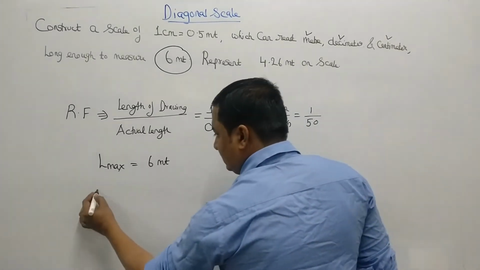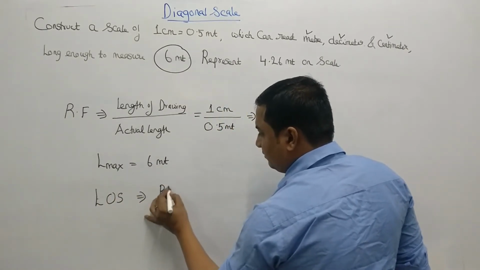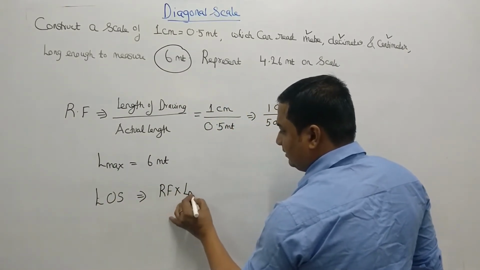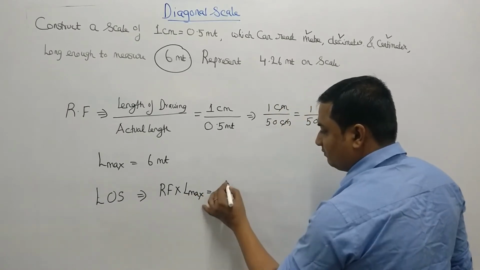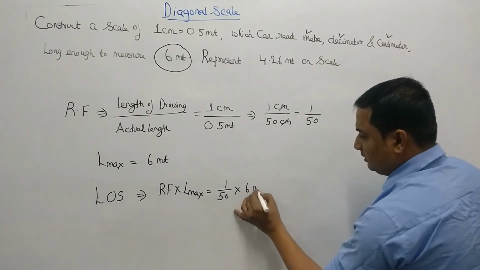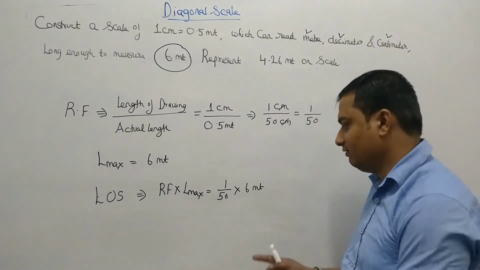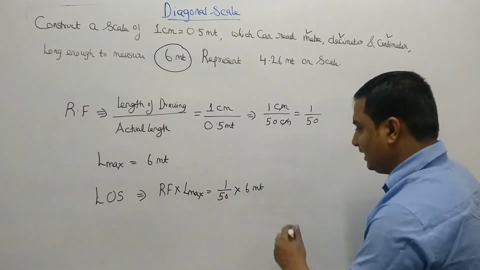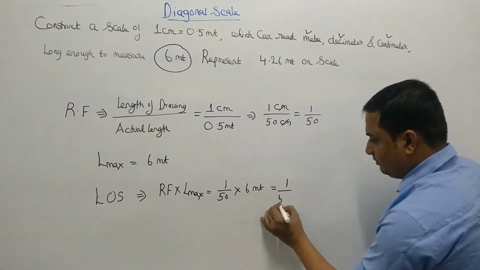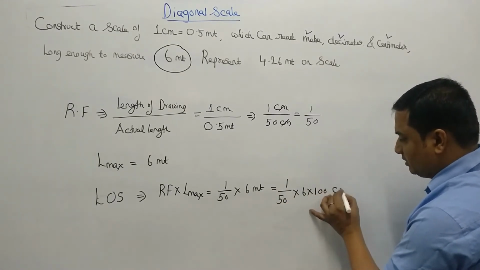So length of scale is equal to RF multiplied by L max. RF is 1 upon 50, multiplied by L max, that is 6 meter. But we have to represent length of scale in centimeter, so convert this meter into centimeter. That will become 1 upon 50 multiplied by 6 into 100 to convert it to centimeter.